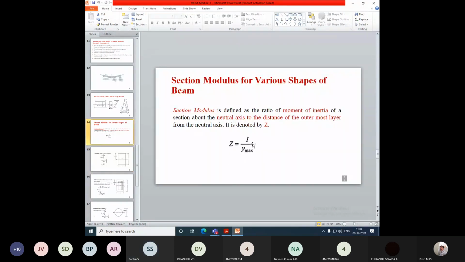In that, we call the ratio of I by y the section modulus. It is defined as the ratio of the moment of inertia of that section about the neutral axis to the distance to the outer fiber. The y maximum is the distance from the neutral axis to the outer fiber. This ratio we call the section modulus, denoted by Z.